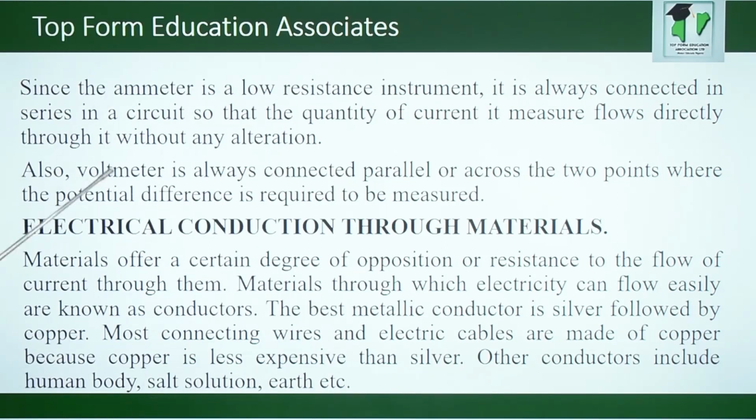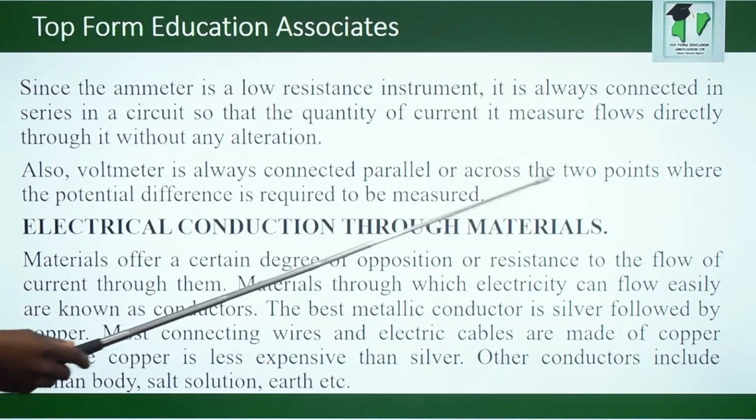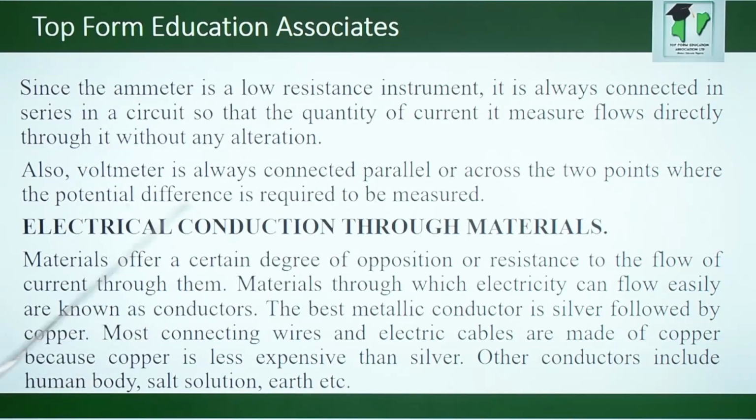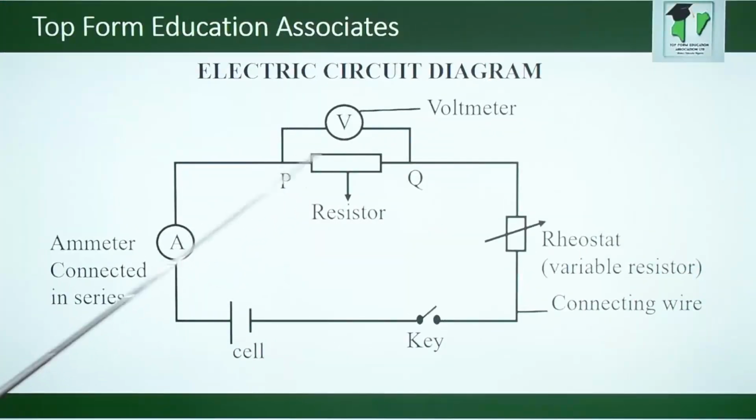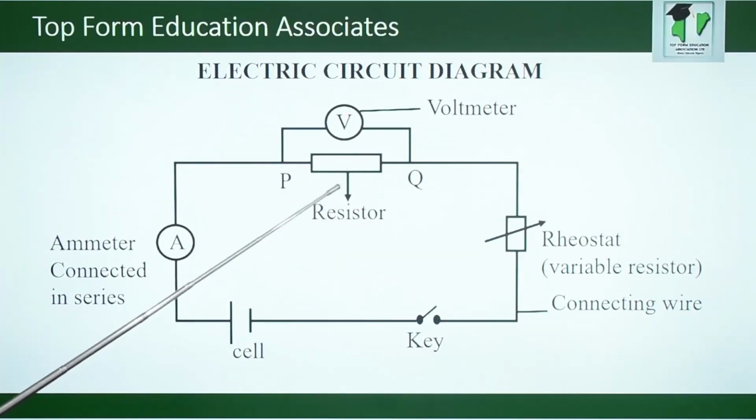Also, the voltmeter is always connected in parallel, or across the two points where the potential difference is required to be measured. For instance, in the last diagram, the resistor offers opposition to the flow of current. You can see the ammeter connected directly from the battery so as to measure the accurate amount of current coming from the cell into the circuit.